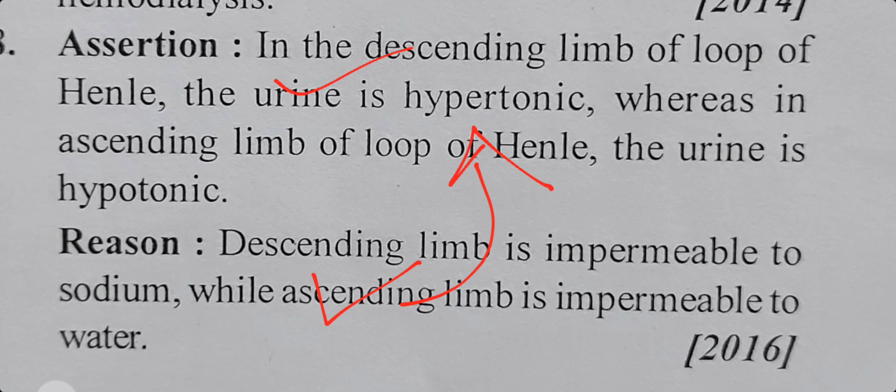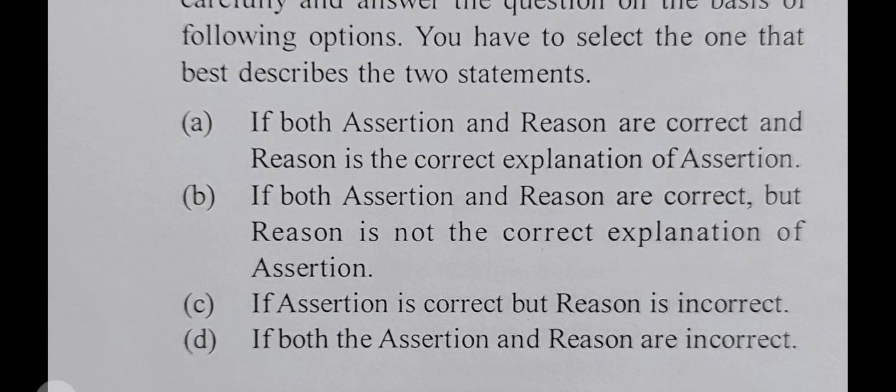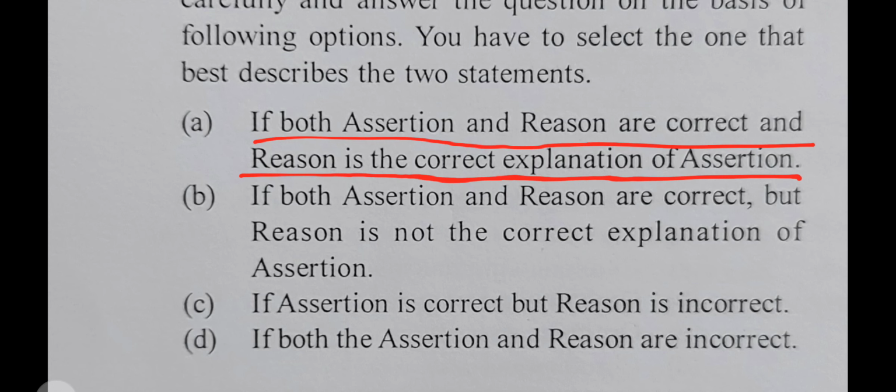So assertion is right, reason is right, and the explanation given in the reason is also true. You have to go again for the first option, that is, both assertion and reason are correct, and reason is the correct explanation of assertion.